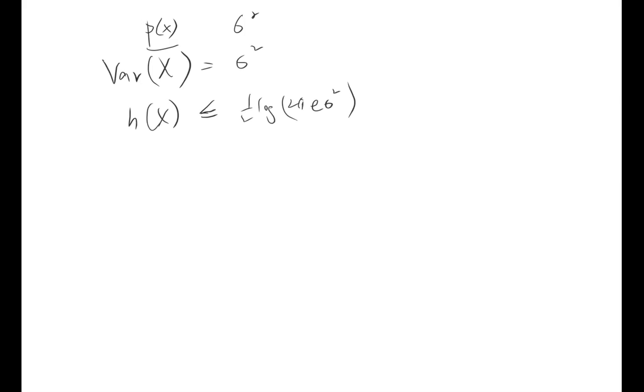That's basically the entropy, as we discussed earlier, of, for example, Z, where Z is some zero mean Gaussian with variance sigma square.